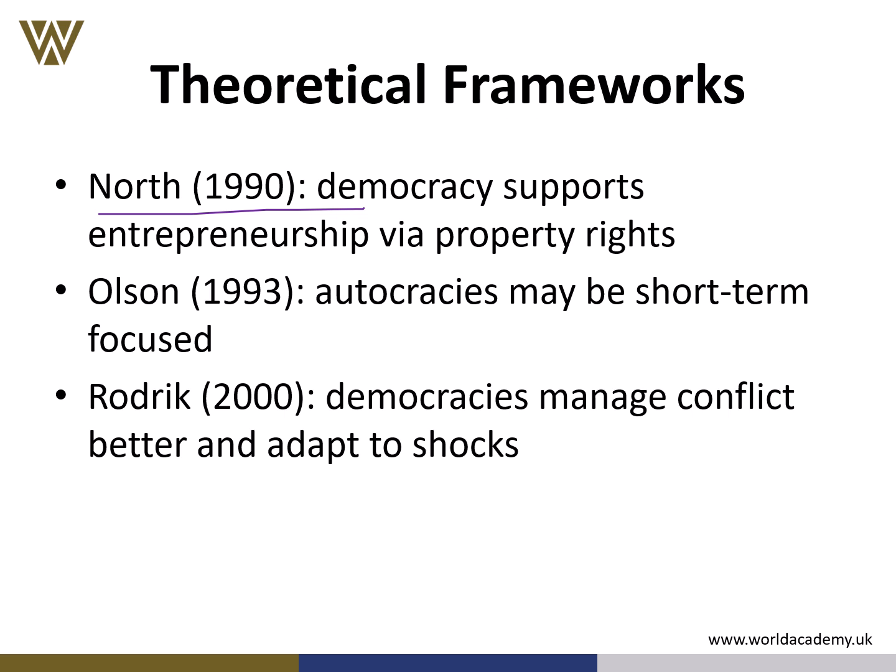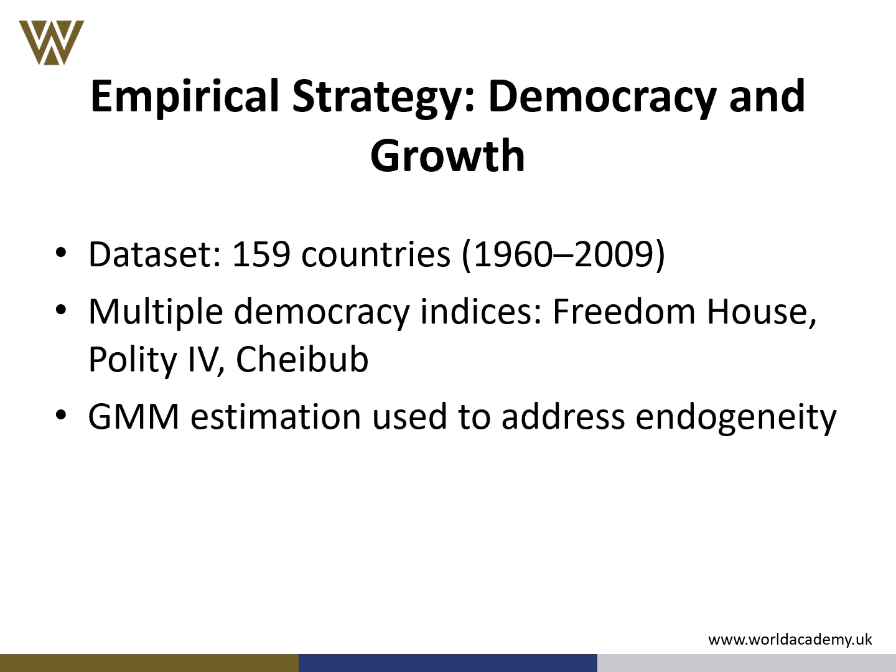Olson in 1993 stated that autocracy may be short-term focused, but is not a long-term solution altogether. Economist Rodrik, in 2000, proposed that democracy might manage conflict better and adapt to shocks, be they economic, environmental, or political shocks. Democracy rules over autocracy as far as political systems are concerned; that is as far as Rodrik is concerned. So we have different theories altogether.